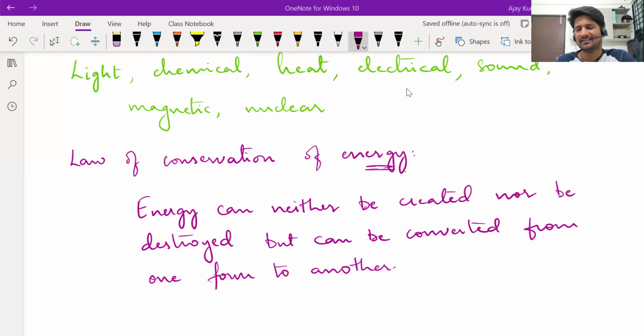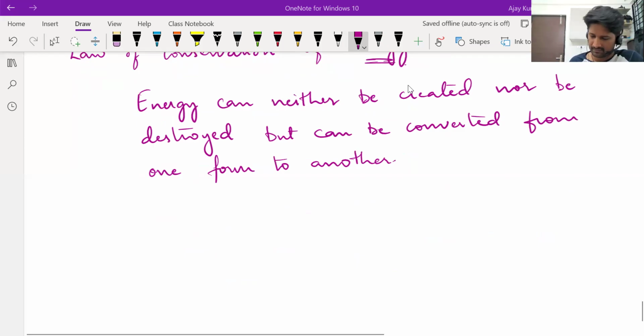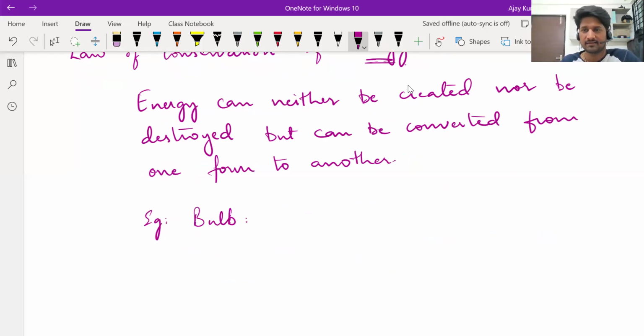Okay. What does a bulb do? Light bulb, what does it do? Sir, electrical energy and light energy. Correct. Bulb converts electrical energy to light. So it's a device which does an energy conversion from one form to another.